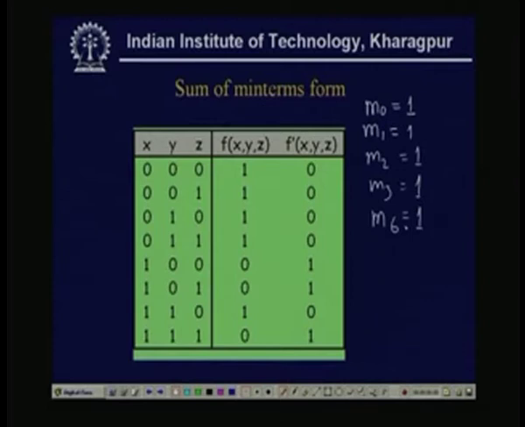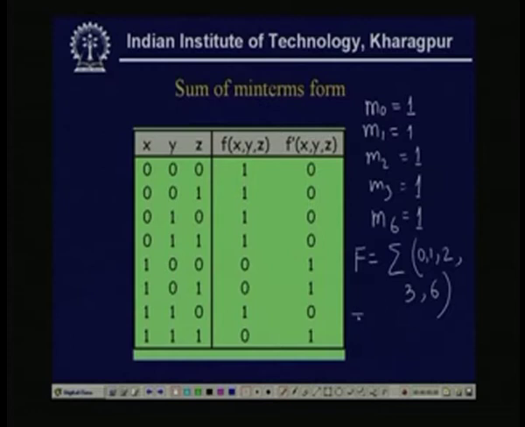So, as it is a sum of minterms, I can write my function as sum of 0, 1, 2, 3, 6. In this way we can write it.